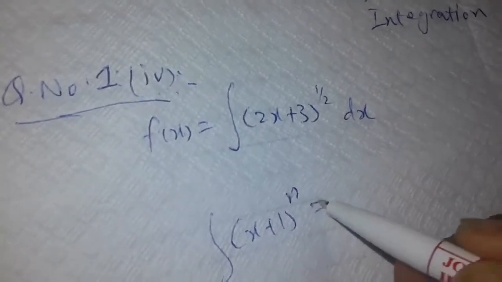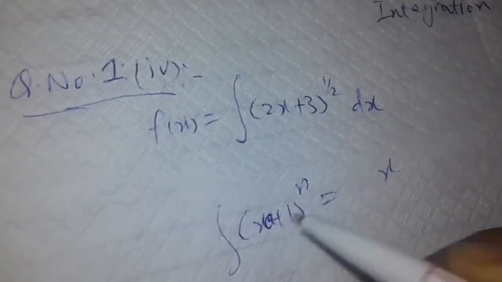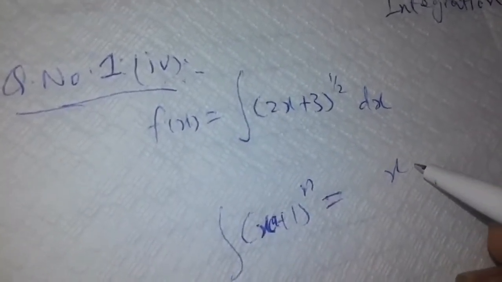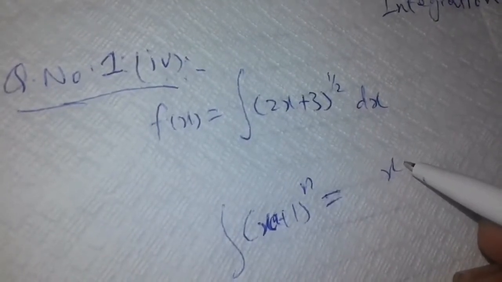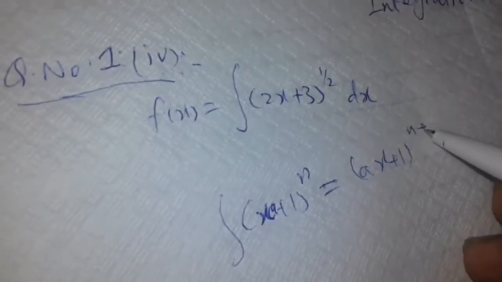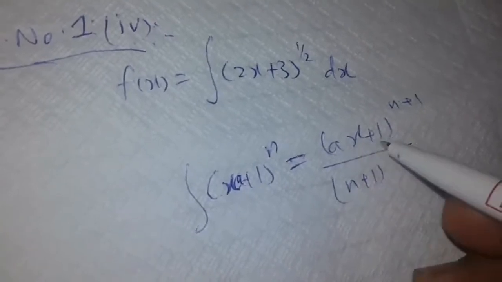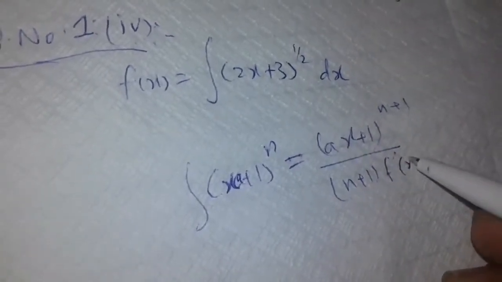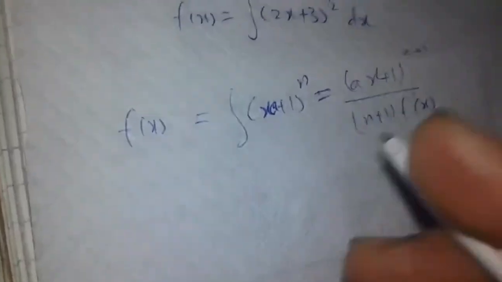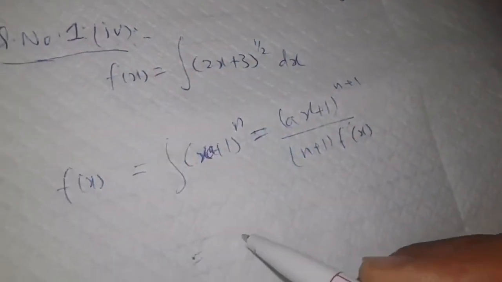Its integration will be equal to (ax + b)^(n+1) divided by (n+1) into the derivative of this function, which is f prime of x. This function is called f of x. So by this formula we will integrate the given function.